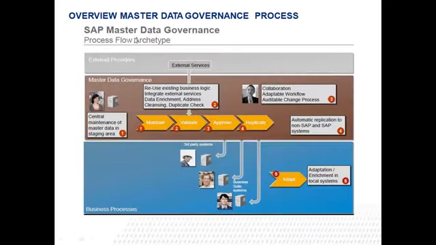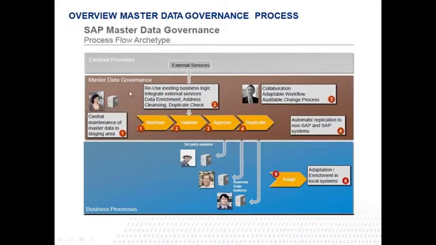So this is the overview of the master data governance process. Here we can see three different layers. One is in gray color, the second one is in brown, and the third layer is in blue color. The master data governance layer is in brown color.